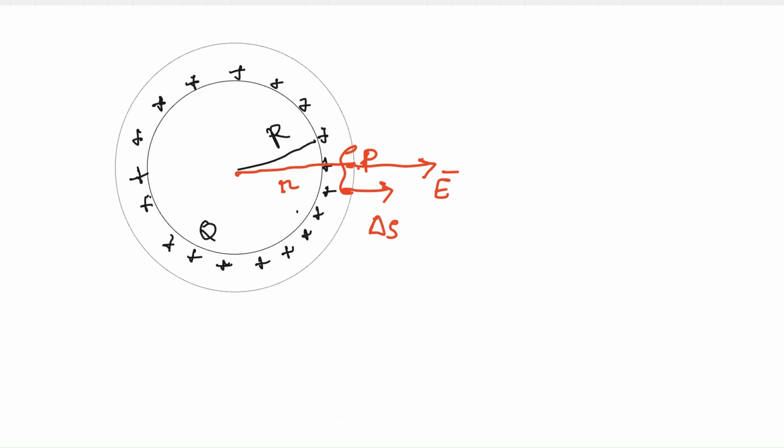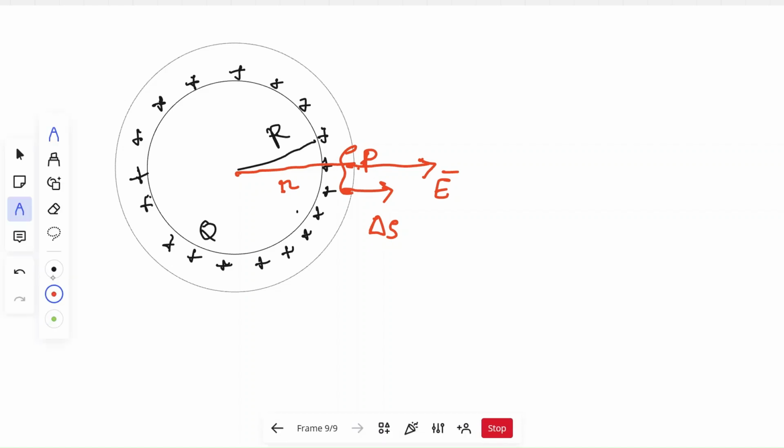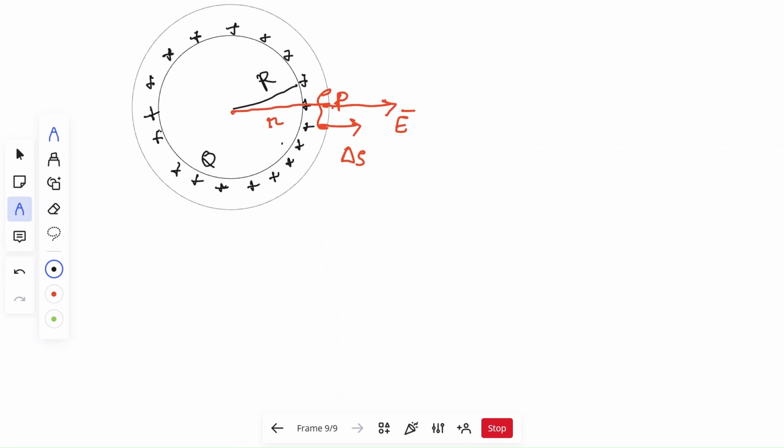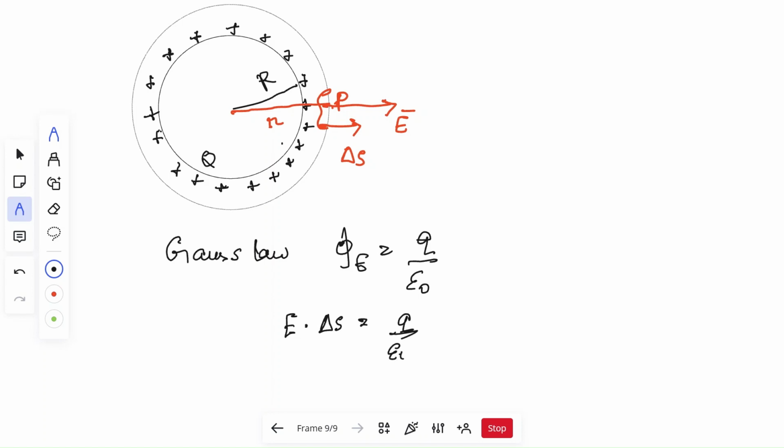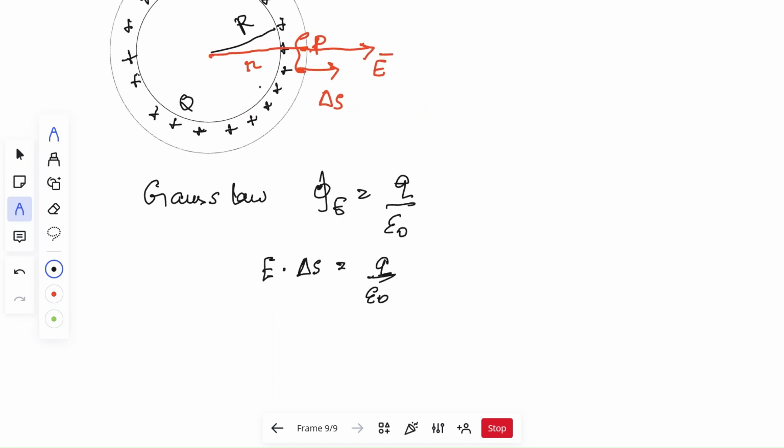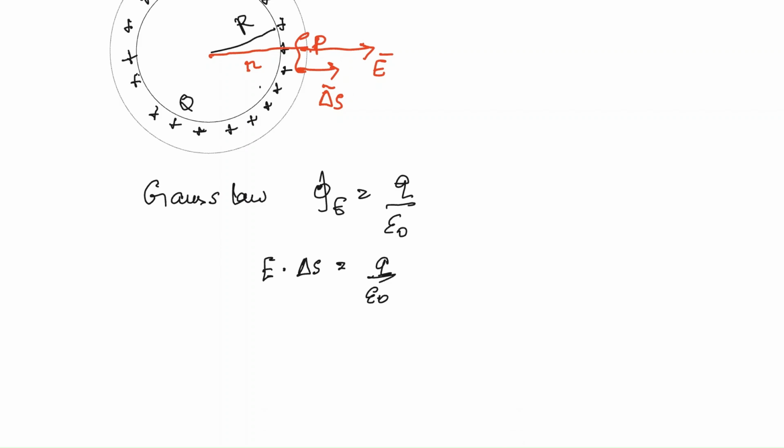Now let's apply the Gauss law. Phi E is equal to the total flux, E dot del S. Since E and del S are parallel, theta is 0, so cos theta is 1.